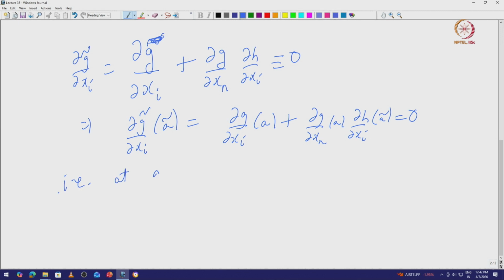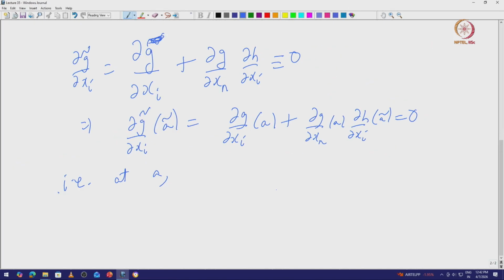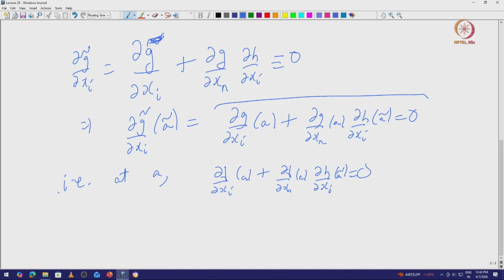Okay. So in other words, at the point A, we have two equations. One, df/dxi at A plus df/dxn at A times dh/dxi at a tilde is 0, and we have this.